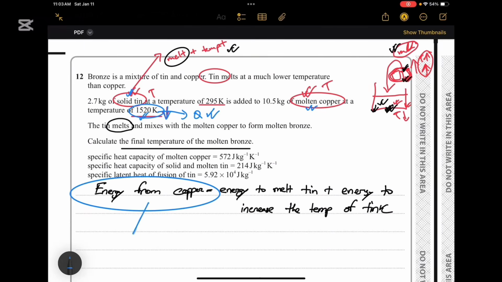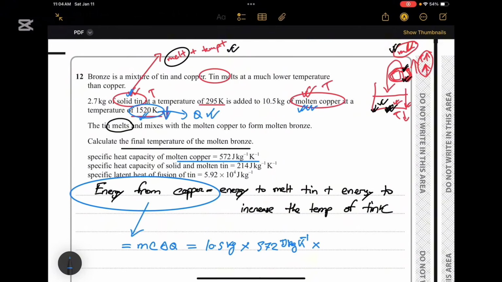Energy from copper is equal to mc del theta, which is equal to the mass, given as 10.5 kg, into the C, the heat capacity of molten copper, which is 572 joule per kg per Kelvin, into the del theta.